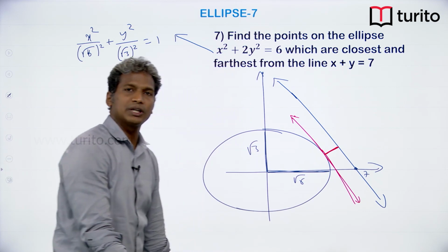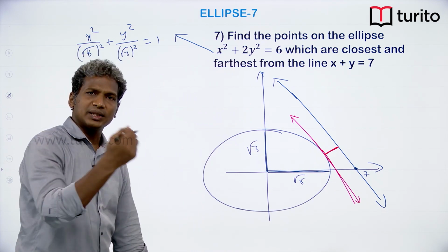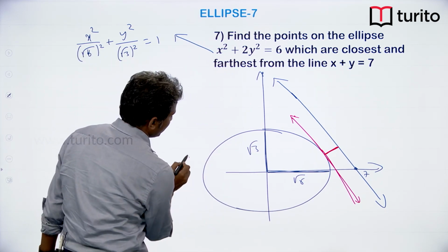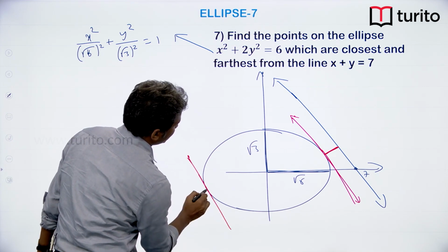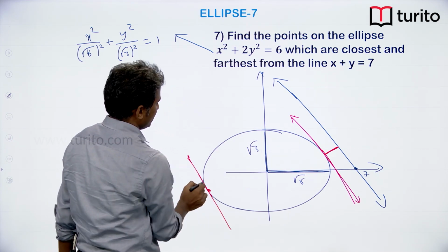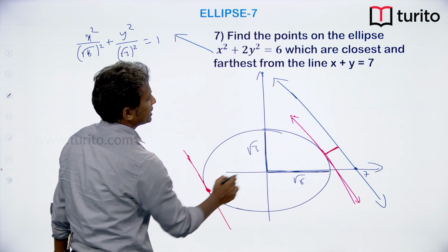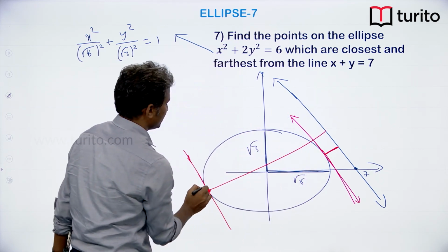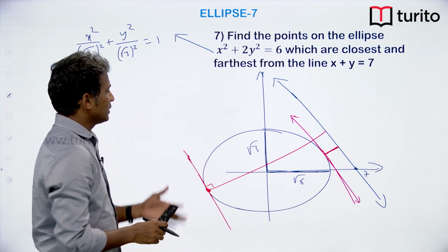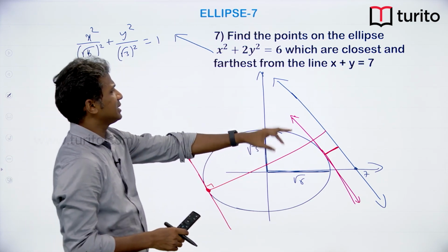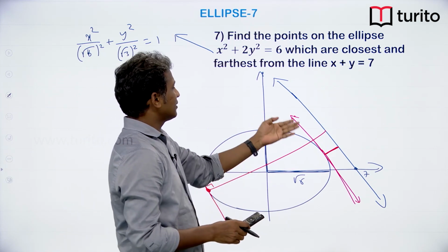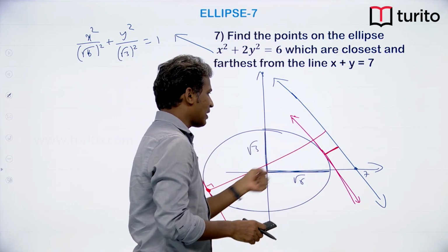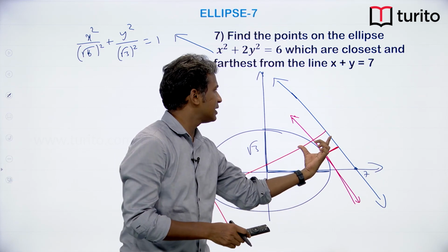This will be the shortest distance. Now the farthest or largest distance will come at another point where again the tangent is parallel to this line. So from here to here we can get the maximum distance. Okay. So then how do we apply this idea? We just have to get the equations of tangents having the same slopes and then find the distance.